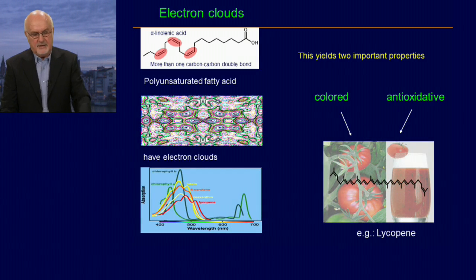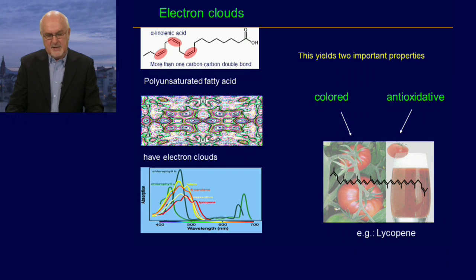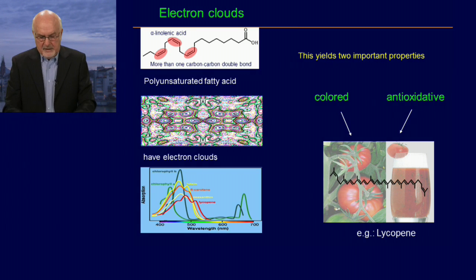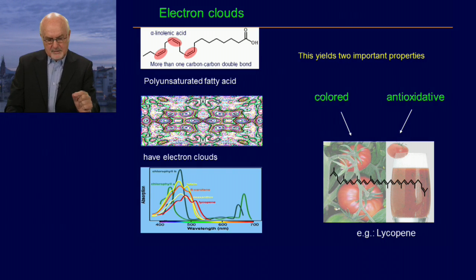The reason for that is the fact that polyunsaturated fatty acids build so-called electron clouds. The individual electrons are not bound to the individual atom anymore, but build a so-called cloud. This is symbolized in the middle figure. This has two consequences.